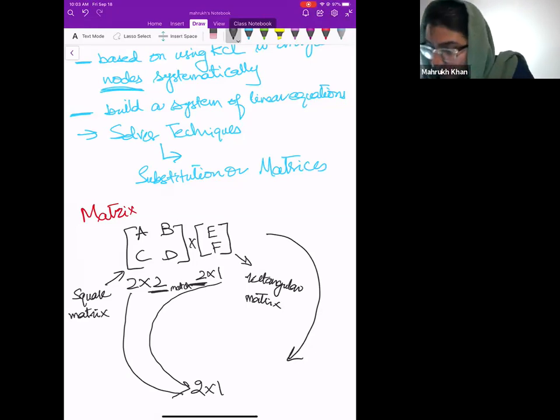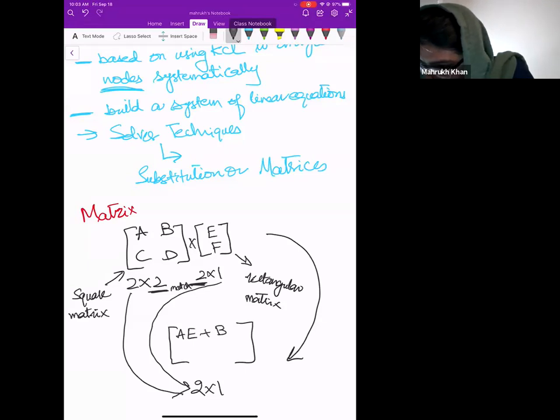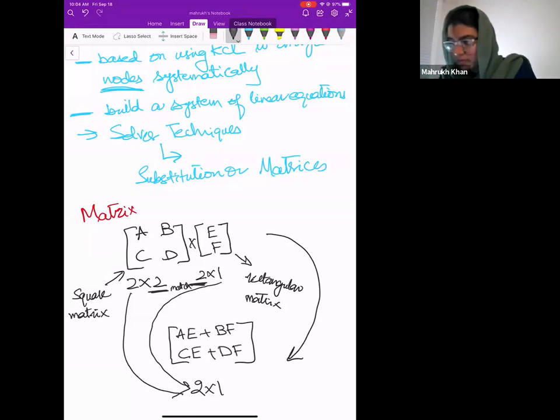So it will be AE plus BF, CE plus DF, right?